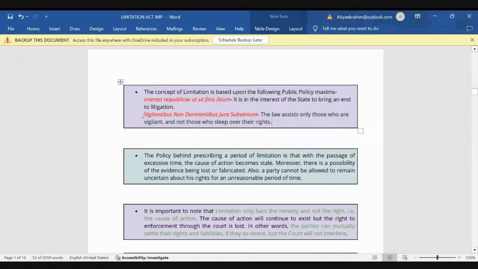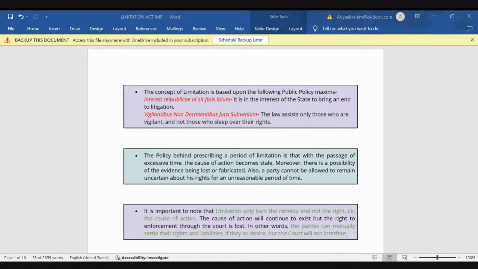Second is vigilantibus non dormientibus jura subveniunt. That means the law asks you to be vigilant, right? And it will assist those who are vigilant and not those who are sleeping over their rights.